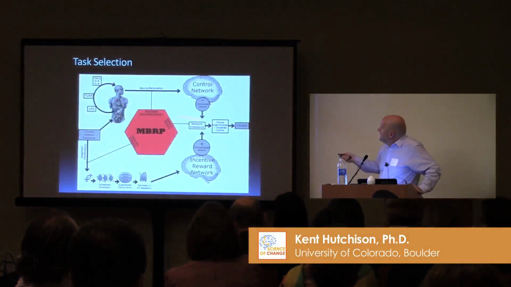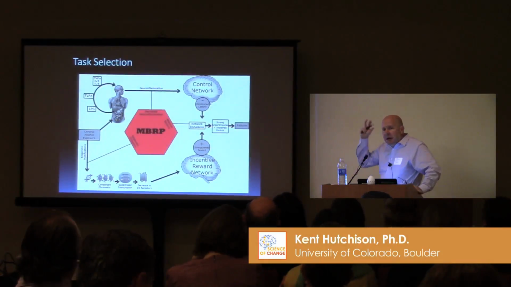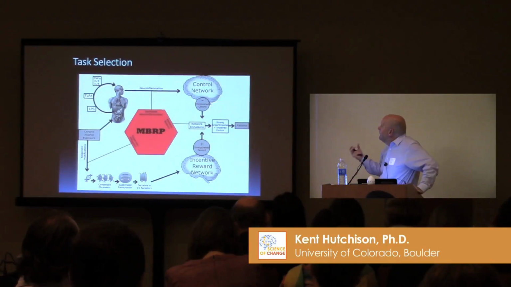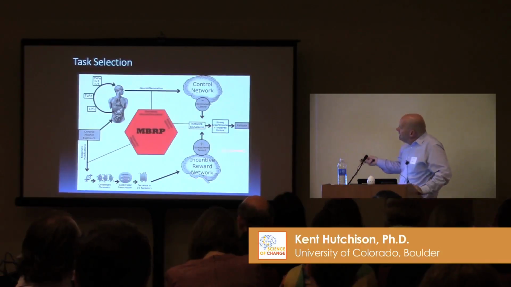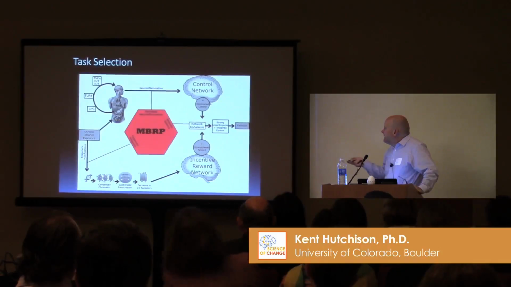So in this case, for example, if you're interested in the control network, maybe you want to look at, for example, resting state connectivity to look at how those important pieces of the executive control network are hooked up. Maybe you also want to do some kind of response inhibition task to see how well people can inhibit a prepotent response. The incentive reward network, there's a number of different tasks you can do to look at reward, MID, you can do some cue-based tasks.